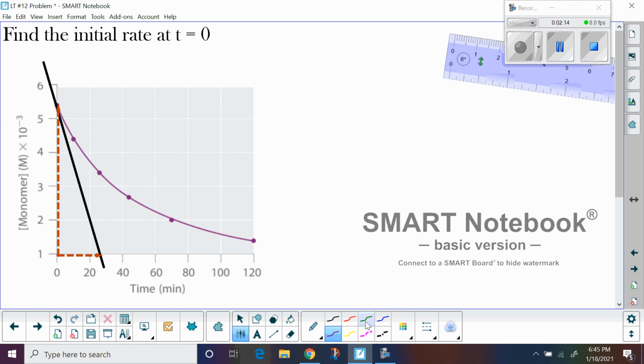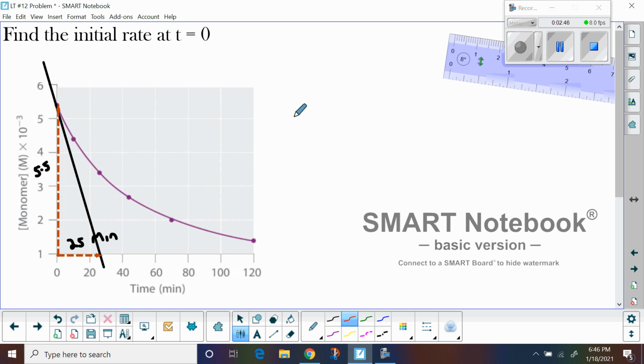So when I am beginning to estimate some values here, my run is going to be, I'm going to guess, 25 to 0, so it's going to have a change in time of 25 minutes. Ironically enough, just like the last problem where we found a new rate. And then my rise is going to be about 5.5 moles per liter minus 0, so I'm going to have 5.5 here.